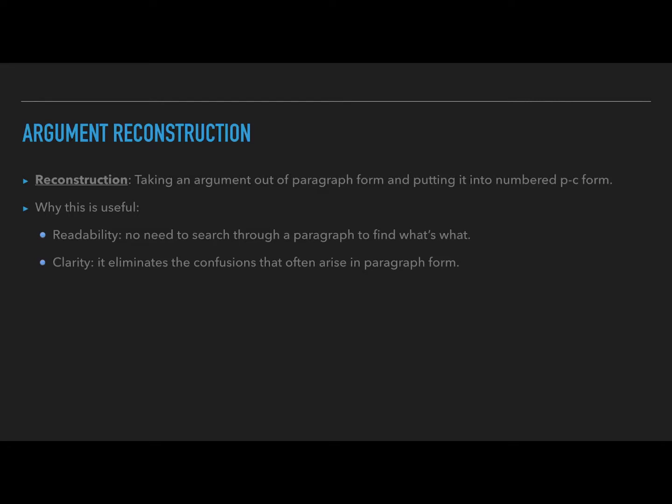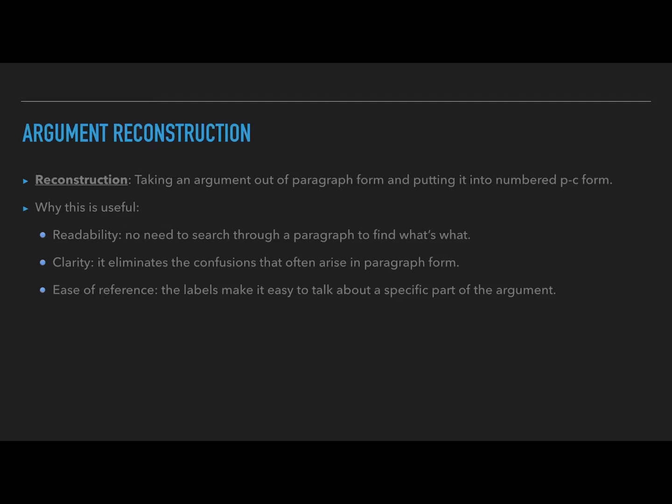It also provides clarity because, as I said, authors sometimes leave out premise and conclusion indicators. Sometimes authors leave out a statement that's important for the argument, a premise. But once you get it into numbered premise conclusion form, it's perfectly clear by that point. And everyone can look at the same argument and be on the same page on what they're discussing.